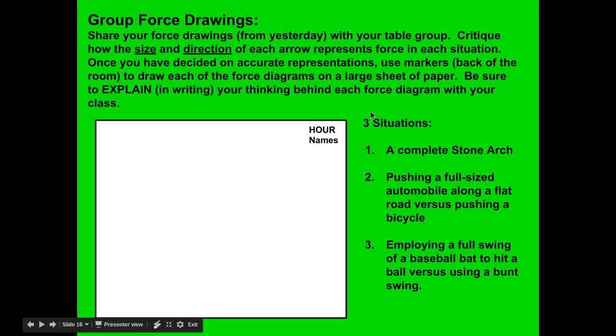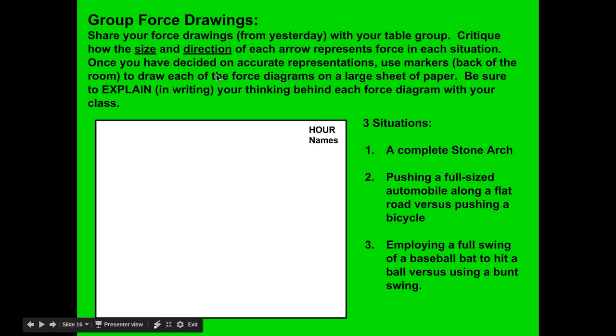What we're going to do is you're going to get into groups, and you're going to share your force drawings from yesterday with your table group. Go around and show everybody what you drew. Then you're going to critique and evaluate how the size and direction of each arrow represents force in this situation. How does that represent a push or a pull on an object?